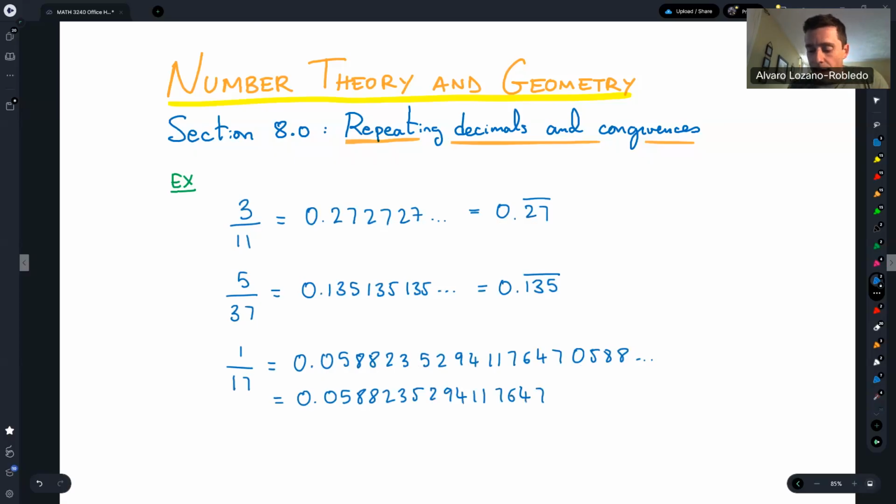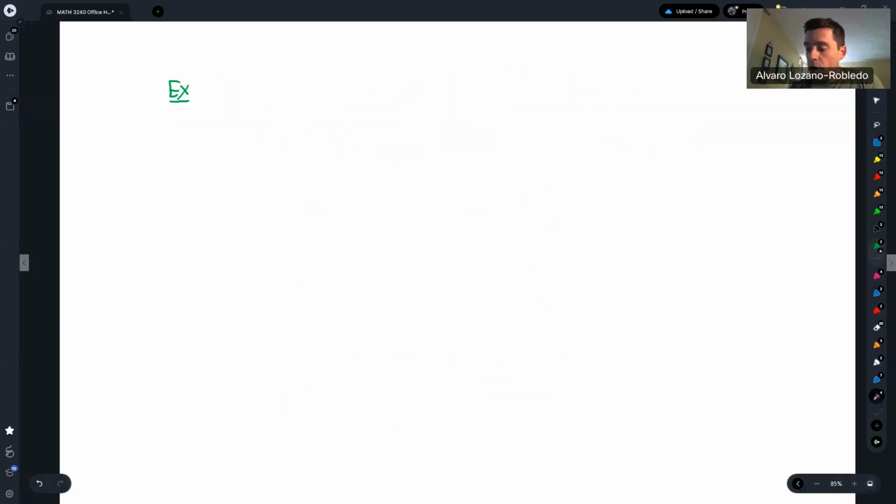And the question is, why is it that this is of length 2, this is of length 3, but this is so long? How do we figure that out? Can we know a priori what the length of a period is, and what is the reason for those very long periods?